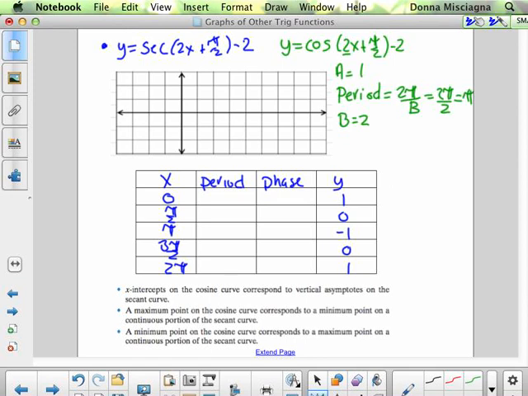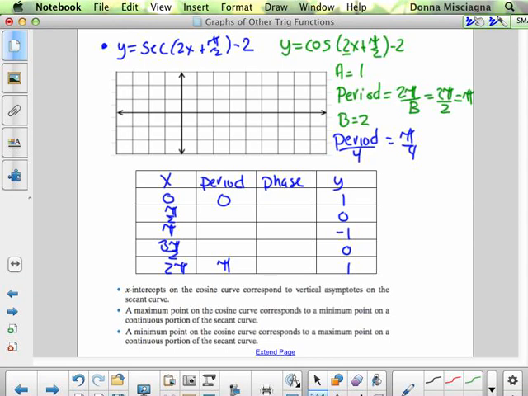Now there's no amplitude change, so we don't have to multiply y by anything, but we do have a period change. To find our new values based on the period change, you take the period and divide by 4. So that would be pi fourths. That means we still start at 0, but instead of going up by pi halves like we have on the x's there, we're going to go up by only pi fourths, because this graph is going to finish one period twice as quickly.